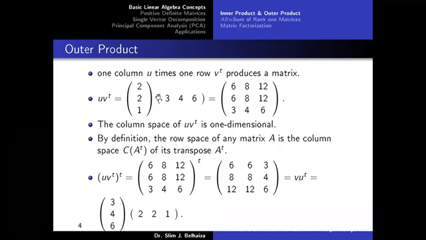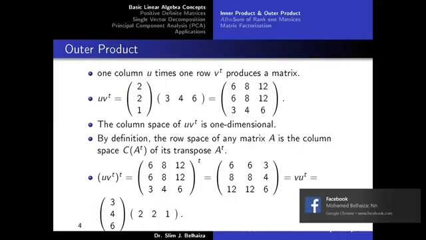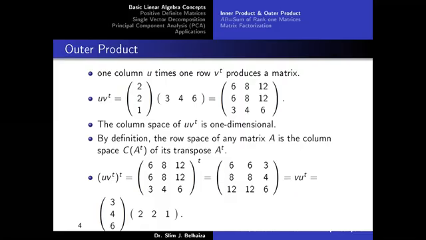Even if they share 1, which is the number of columns in U and the number of rows in V transpose, you can obtain a 3 by 3 matrix. Well, this UV transpose is a rank 1 matrix, of course. And the main target is to write a matrix as a sum of rank 1 matrices. Okay, so let me move on a little bit.